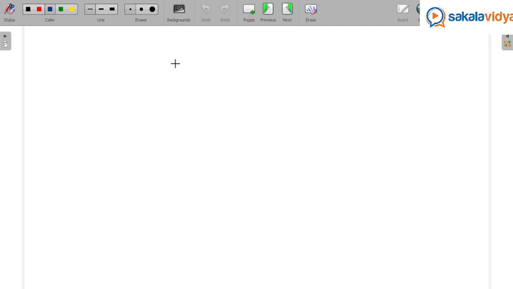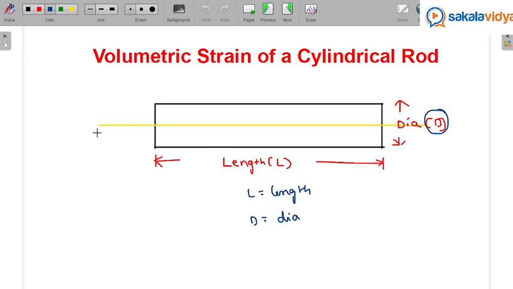So my dear students, remember, whenever you apply a tensile load on this cylindrical rod, there will be an extension along the direction of length, or along the direction of applied load. So here delta L is nothing but extension.